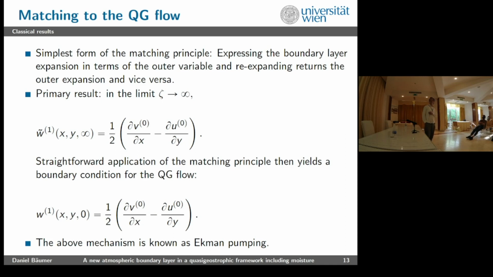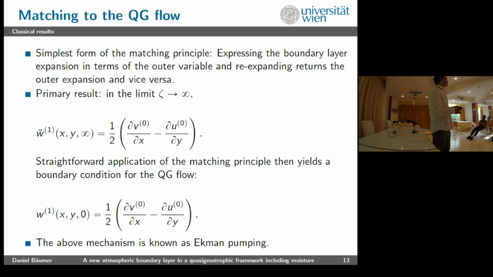And then a very simple application of the matching principle shows that this actually gives the lower boundary condition for QG flow. So what does that mean? This mechanism is known as Ekman pumping.